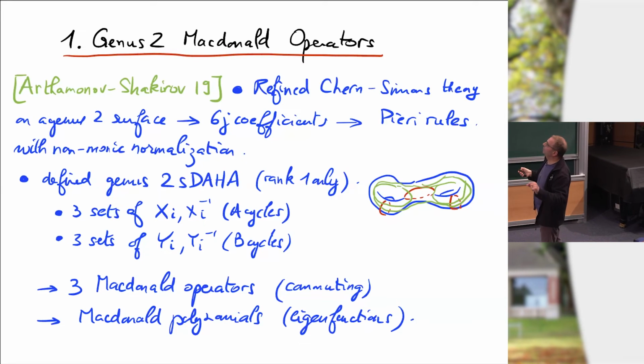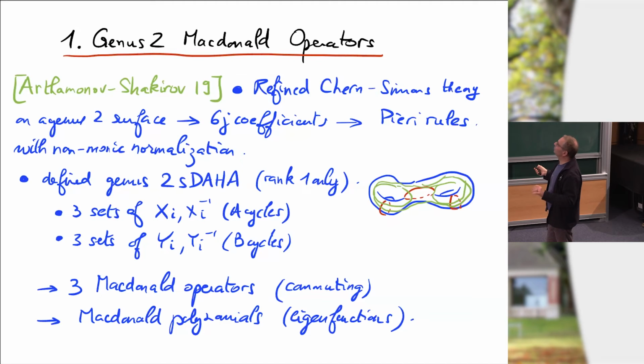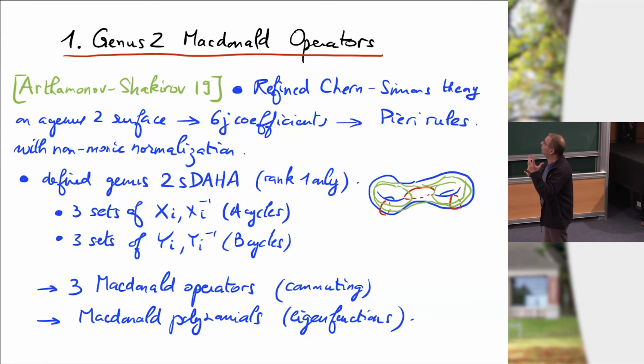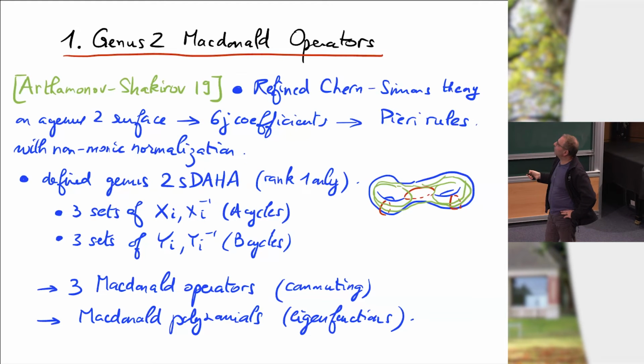After that, they figured the rest of the story, which is the DAHA story, which was hiding behind. So you have to, of course, have the right cycles on your genus 2 surface and repeat basically the story I was explaining. And you get 3 sets of variables x, 3 sets of variables y, one for each type of cycle.